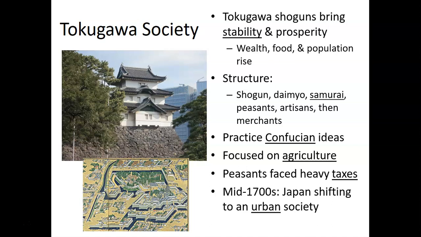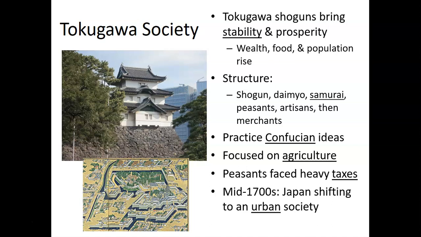Now, what happens by the mid-1700s, even though they're an agricultural society, they start to shift to a more urban society. And that's because of access to technology, because of growth in number of people, food, new industries taking hold, and that allows people to move from the farmlands to cities because they don't need that many people farming.